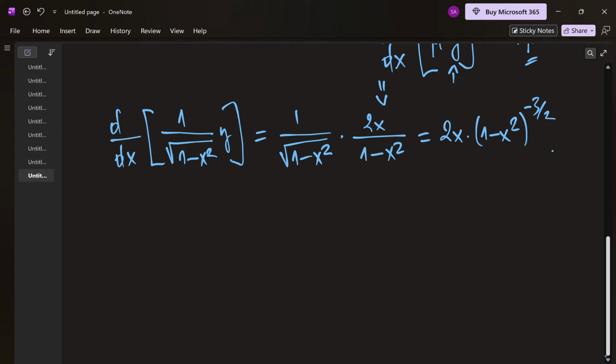Or this is actually equal to 2x over 1 minus x squared to the power 3 over 2. Now we integrate both sides with respect to x.